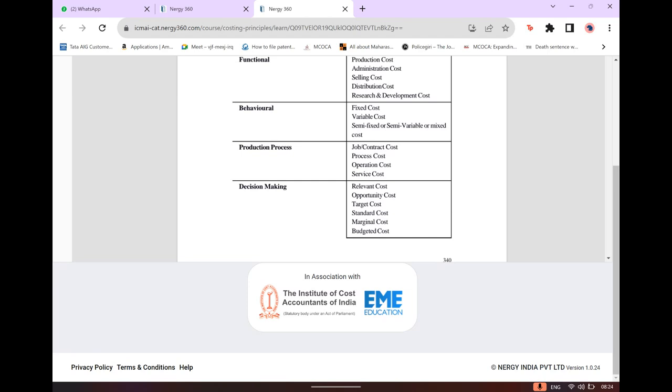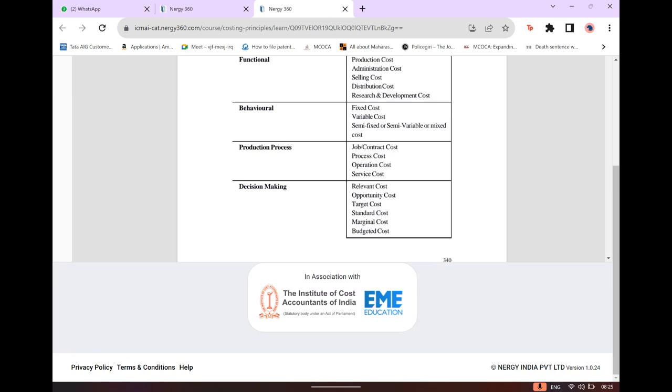Relevant cost is the cost which is helpful for decision making. Opportunity cost is the cost of the alternative which I did not choose: if I hadn't taken it up, what is the cost that would have been incurred? For example, I do a business with 10,000 rupees. With the same 10,000 rupees, I could have kept it in an FD and earned interest. So the interest on the FD would be 1,000 rupees.